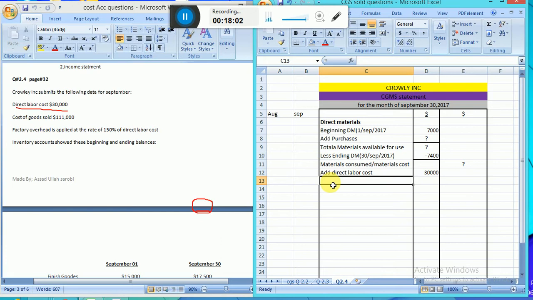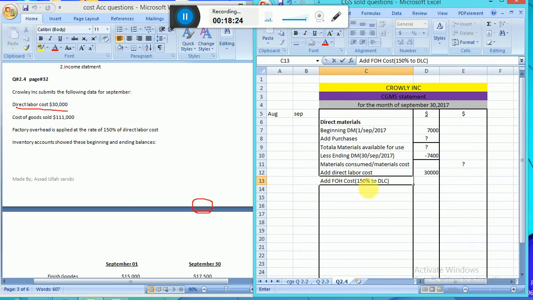So we will add FOH cost, and FOH cost is how much? 150% of direct labor cost.